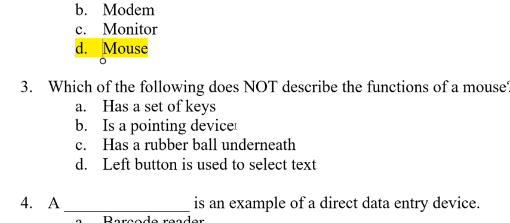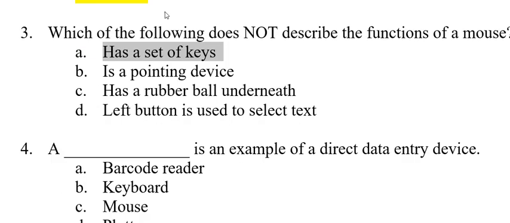Okay, a mouse is a pointing device, has a rubber ball underneath. Some mouses have that. Left button is used to select text, that is also correct. So the answer in this case is A, has a set of keys, which is not true. That's a keyboard, right?